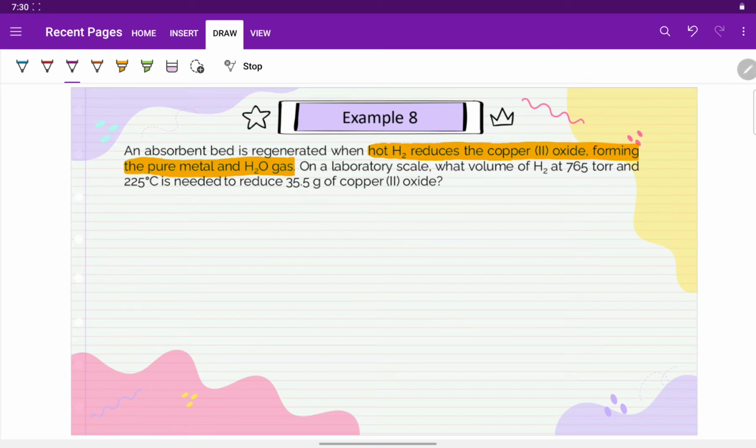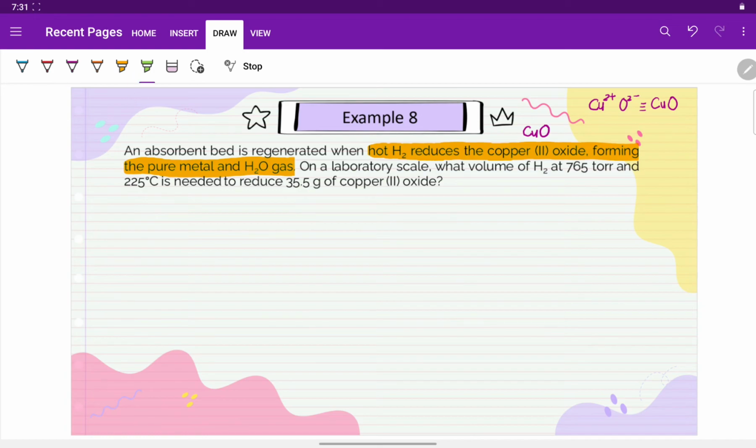Okay, so you need to make sure that you know the formula of copper to oxide. So bila dia ada dua Roman dekat sini, maksudnya copper awak adalah copper 2+. And then oxide adalah O2-. Okay, jadi Cu2+, O2- akan bagi kita formula unit of CuO. So maksudnya copper to oxide, the formula unit adalah CuO.